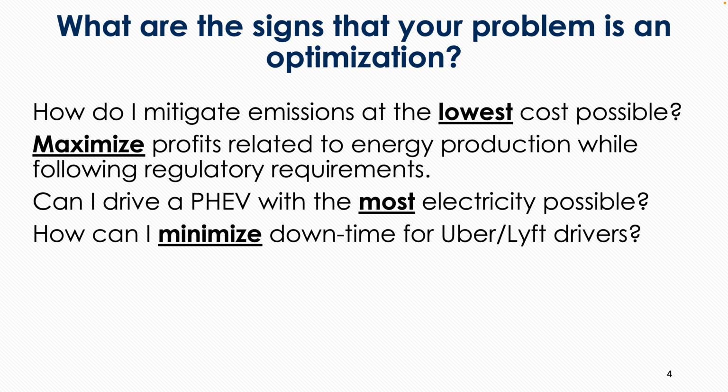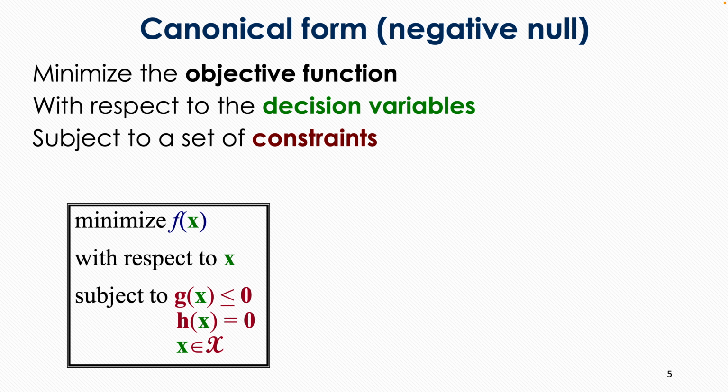In our previous examples, our objective function would be something about the cost, something about profits, something about the electricity consumption, and then something about downtime, right? All of those are talking specifically about that objective function.